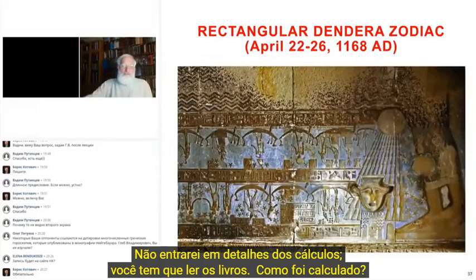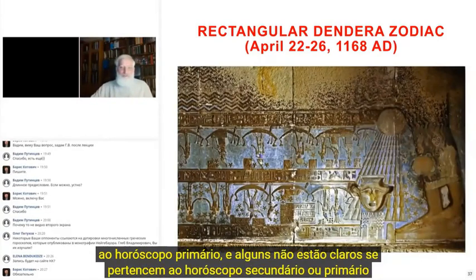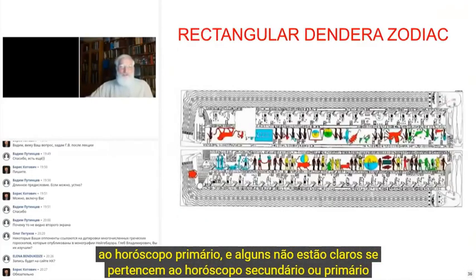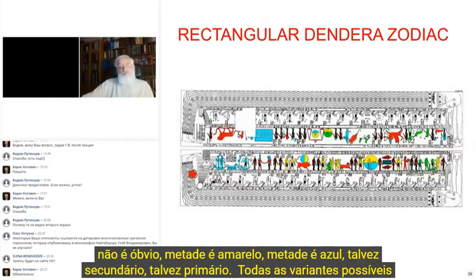How was it calculated? All planets were taken into account. Some were obvious. Some obviously belong to the primary horoscope, and some are unclear, whether they belong to the secondary or primary horoscope. They are depicted here, with some half in blue and half in yellow. For those where it's not obvious, half is yellow, half is blue, maybe secondary, maybe primary.